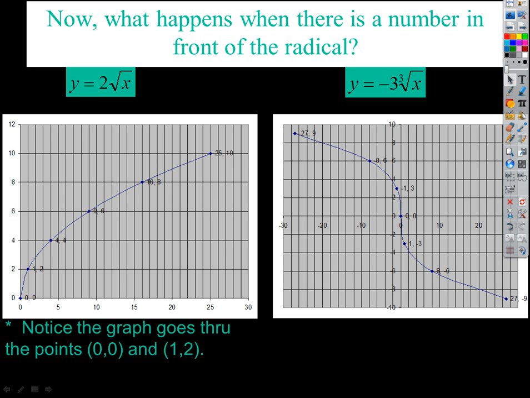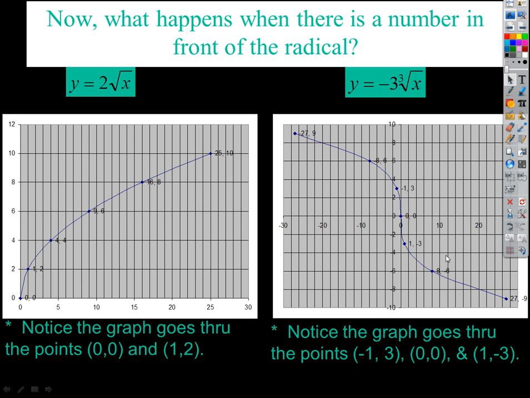It's stretching it by a factor of 3, and it's flipping it over the x-axis. So those are the two things it's doing. Instead of going through the point 1, 1, it's going through the point 1, negative 3, okay?